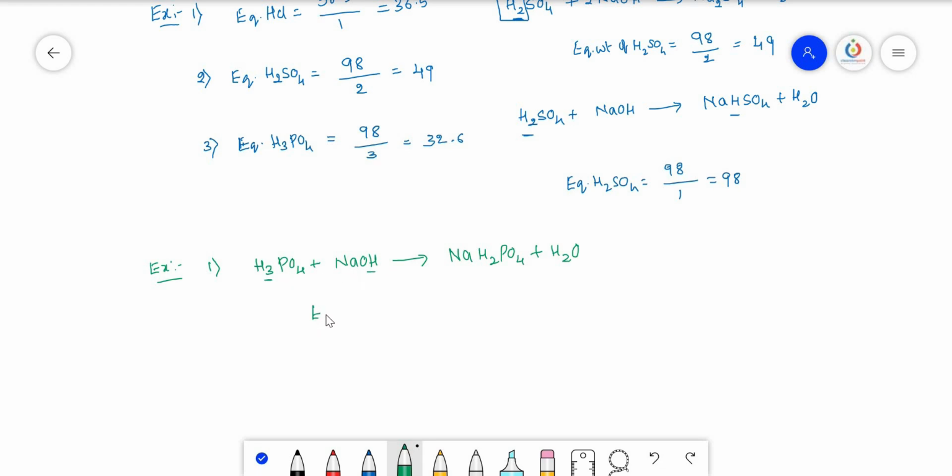So the equivalent mass of H3PO4 in this reaction is 98 divided by, out of 3 hydrogens, 2 hydrogens are still there, only 1 hydrogen is released. So divided by 1 equals 98.